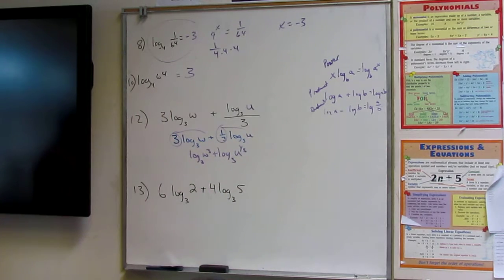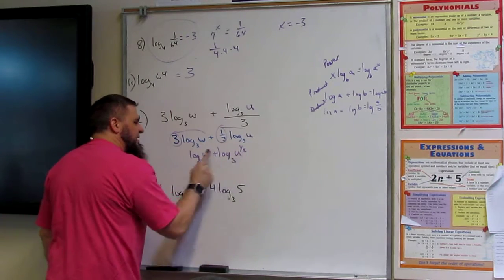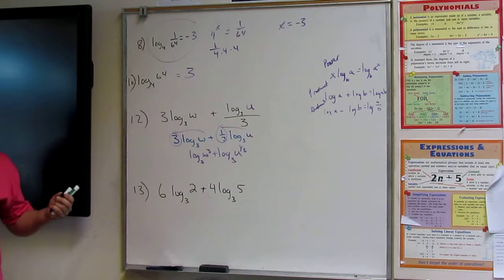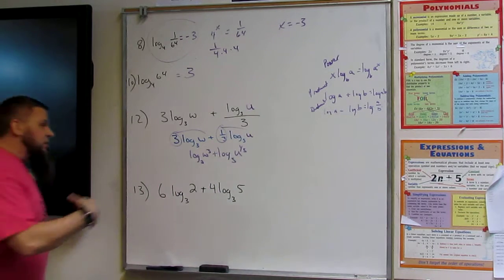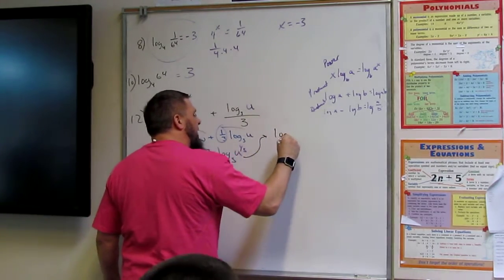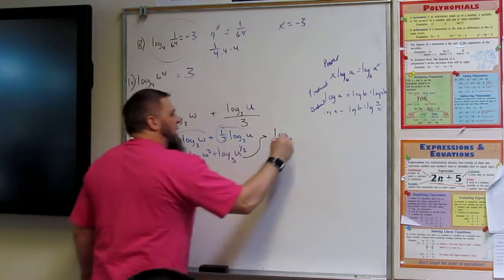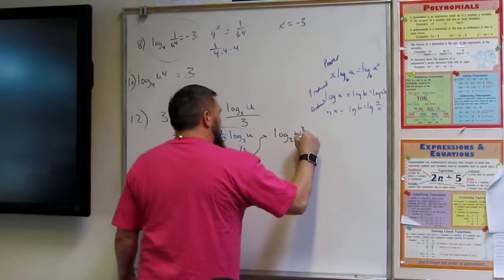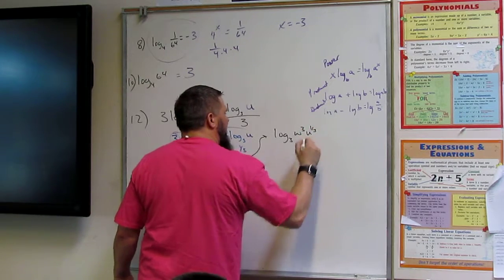Okay? So, because these are two different bases, when I multiply, I can't just add the exponents. I actually have to just put them together. So what happens is I get the log base 3 of W cubed times u to the 1/3.